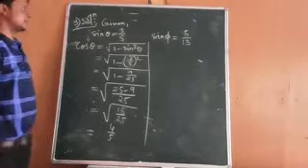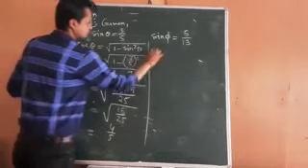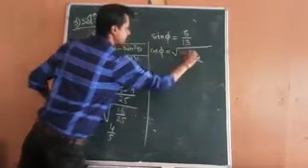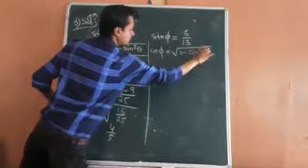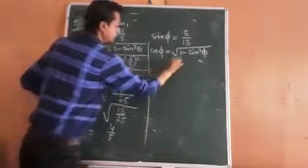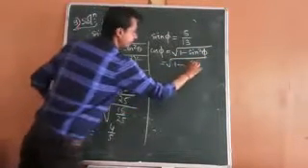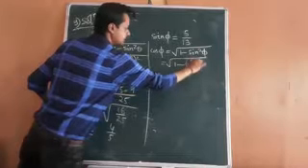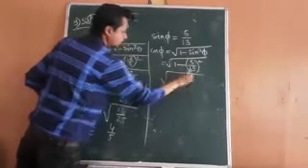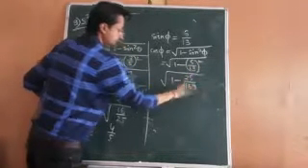Now similarly for cos phi, we know cos phi equal to root of 1 minus sin square phi. 1 minus sin phi, 5 by 13, whole square. 5 square is 25 and 13 square is 169.